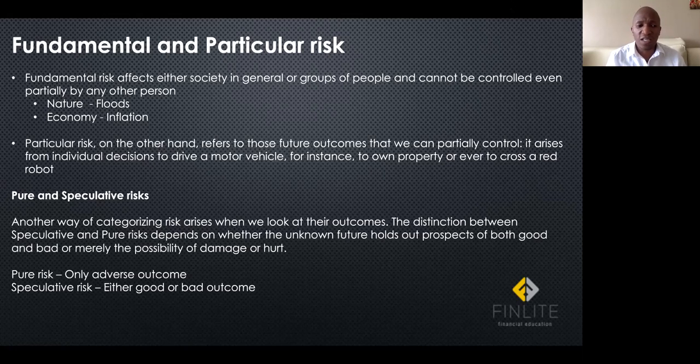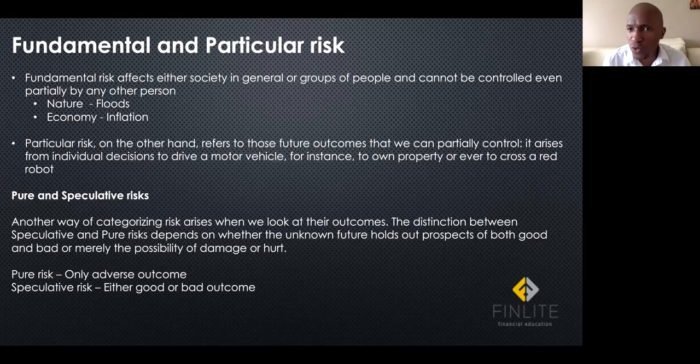Pure risk means that the only outcomes are adverse outcomes. For instance, if a car gets into an accident or a house burns down, that is a pure risk, and that is mostly what is insurable. Then there's speculative risk, where the outcome is either good or bad.